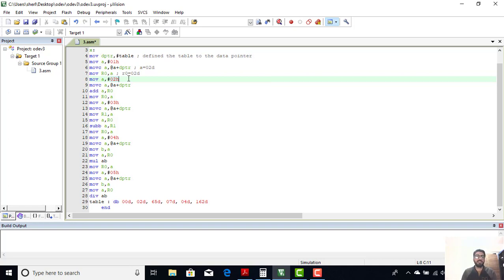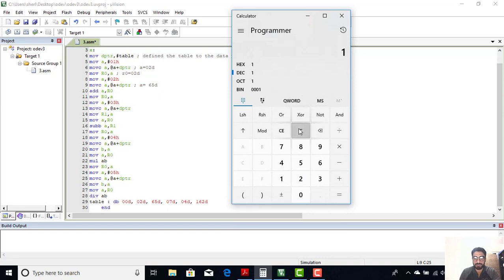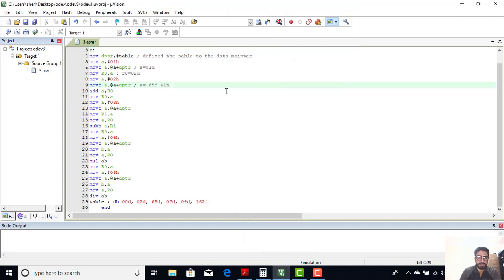We need to pick the second value from the table, so we are giving the accumulator the 2 hex or decimal, whatever, and put it again by MOVC A, @A+DPTR. This means again A equals the second value, so this one, 65 decimal, which means 41 hex.